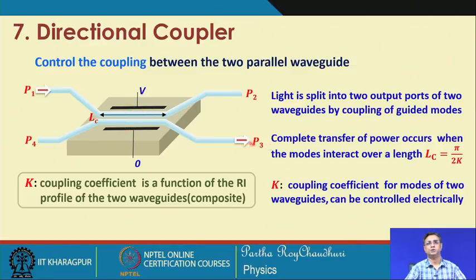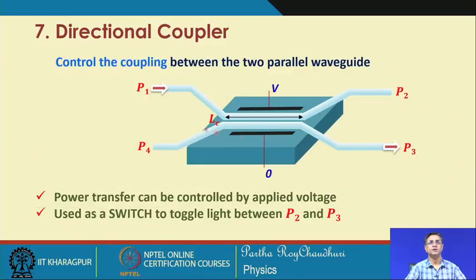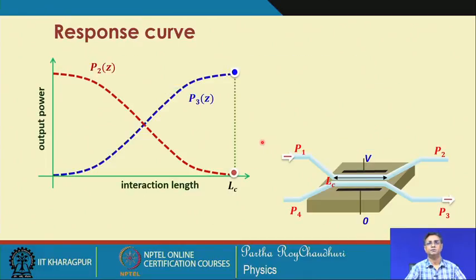You may like to switch the light from here to here, but for a fixed coupler you cannot do that. Using an electro-optic modulation scheme, you can switch the light from here to here, back and forth, depending on the requirement, which can be used for router applications, for modulation applications, and many more. So, you can switch this light between P 2 and P 3 by just applying the voltage between these two.